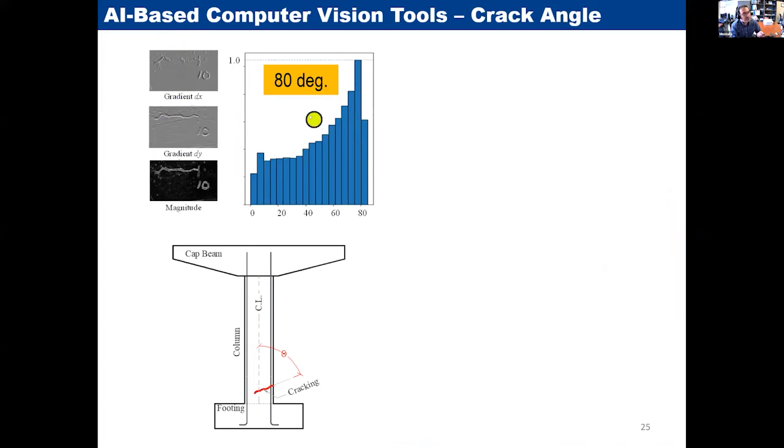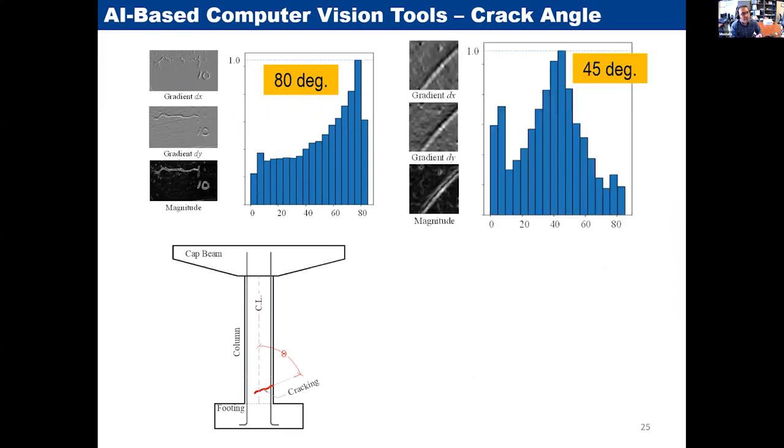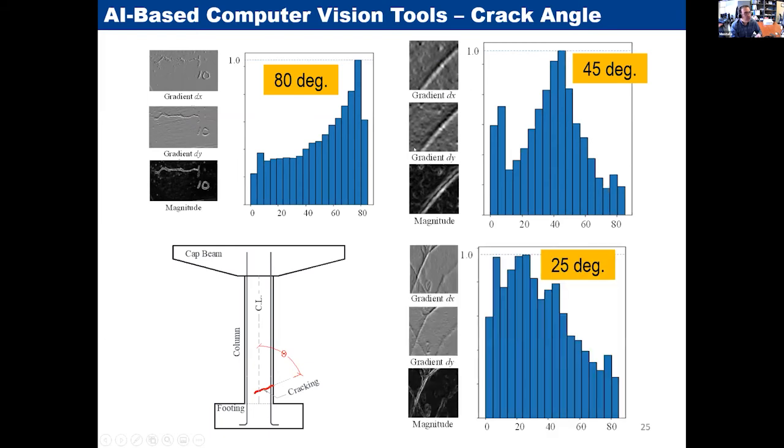The software is telling me it's basically 80 degrees, very close to what we see in real life. And here is about 45 degrees. The histogram is telling me the angle 40, 45 is the major one. And we see that here as well. And here is 25 degrees again. The angle is with respect to the vertical axis. Very good estimation of the crack angle when you see the whole picture, not just one small portion of the crack.